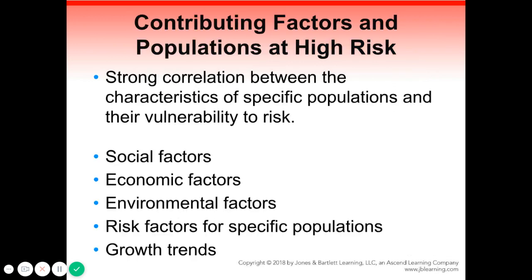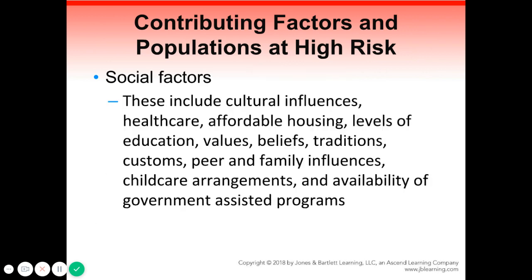You also want to look at contributing factors and populations that are at high risk. Looking over level 1 and the beginning of level 2, we as educators know and should understand that there's a strong correlation between the characteristics of specific populations and their vulnerability to risk. Some of those are social factors, economic factors, and environmental factors, risk factors for specific populations, like our high-risk populations, and even growth trends.